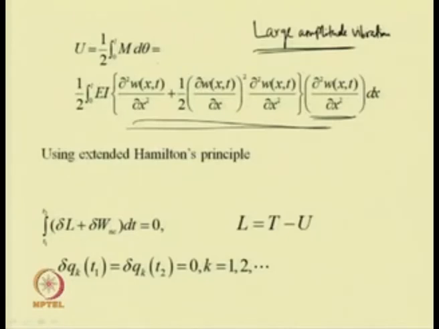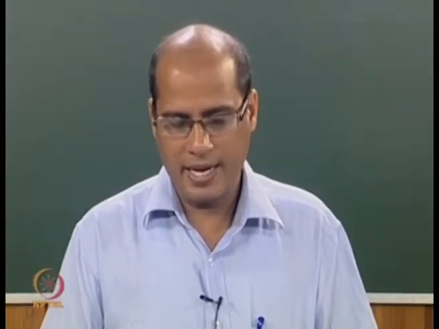So, here W is the generalized coordinate. Here one can consider del W at T 1 will be equal to del W at T 2 equal to 0. Now this W, that is the transverse direction displacement, which is a function of both space and time, can be written by using the scaling parameter, time modulation and shape function.